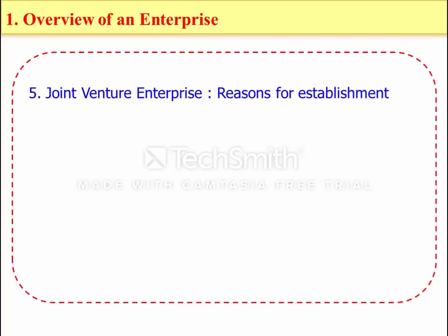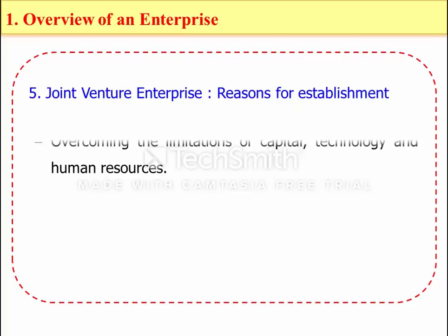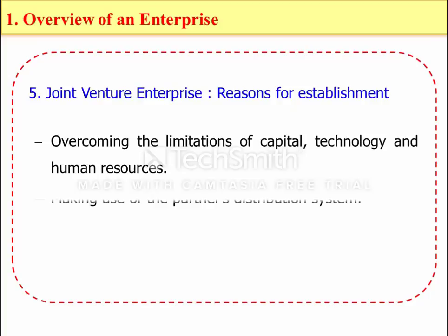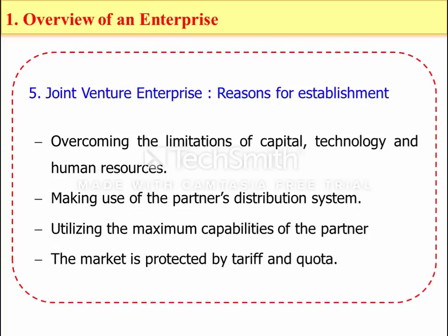Reasons for establishment are overcoming the limitation of capital, technology, and human resources, making use of the partner's distribution system, utilizing the maximum capability of the partner, and the market being protected by tariff and quota.